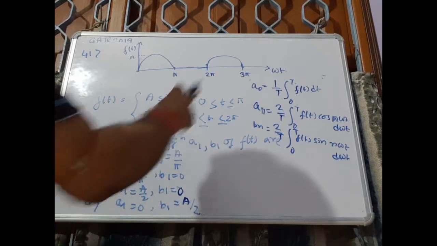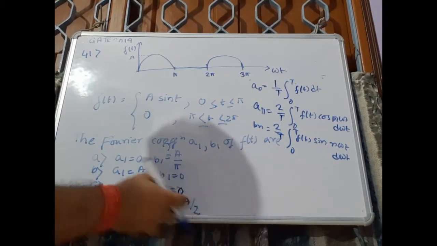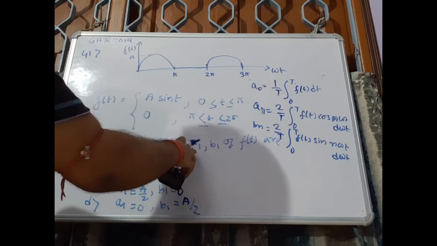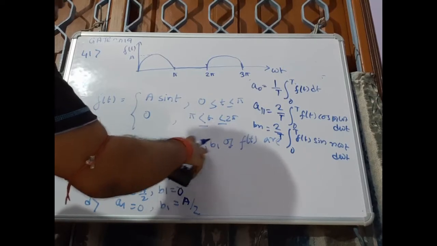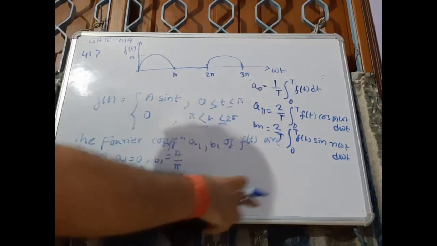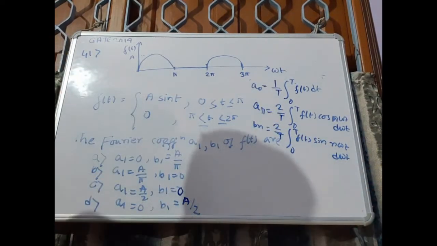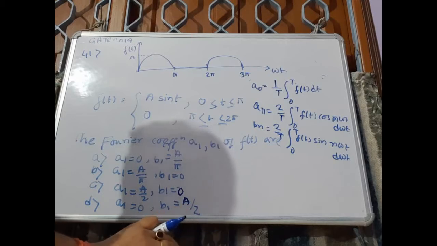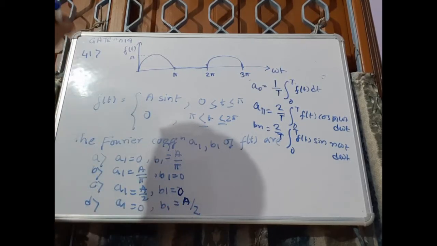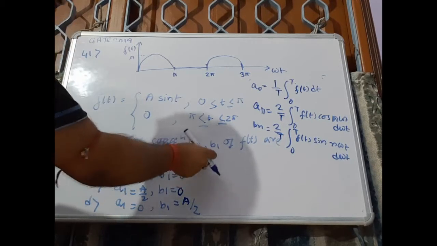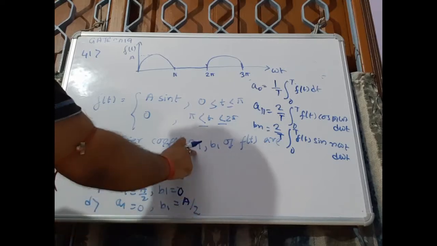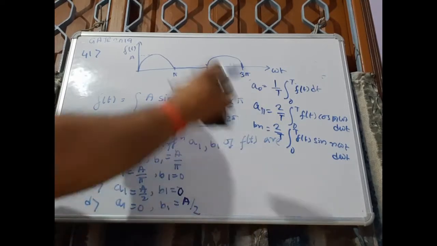These are the formulas. Now in this question we need to obtain the values of a1 and b1. Here the an and bn formulas are given for the nth order harmonics. In the question we have to obtain the fundamental values, meaning n equals 1.